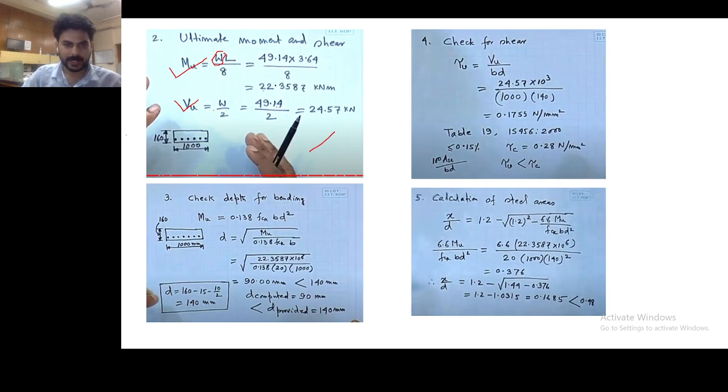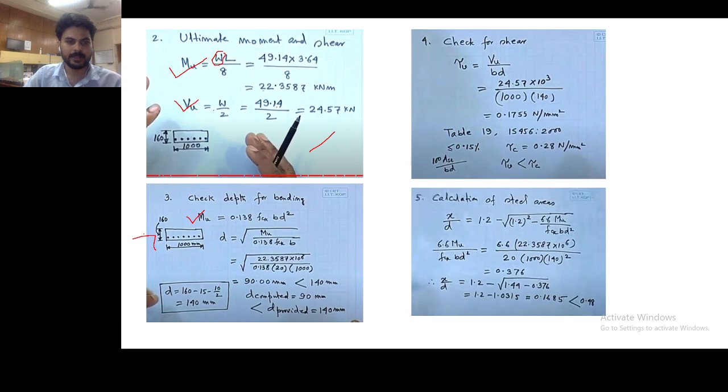So check for the bending. As we know, for the Fe415 steel, the bending moment can be given as 0.138 fck b d square, right? So the d will become like this, Mu by 0.138 fck b. We know all the values.